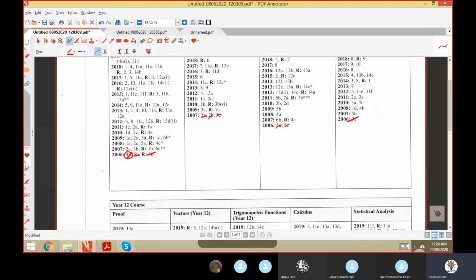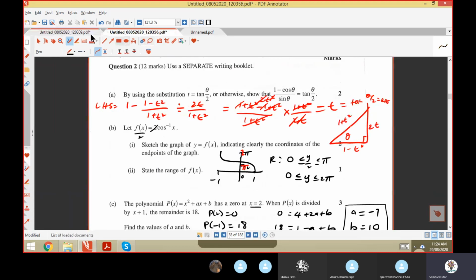So we just did 2. We're up to 4C. Yeah, let's do the replacement questions. So 1B, 6A, 4C. 1 star means hard, 2 stars means really hard. Which is good.